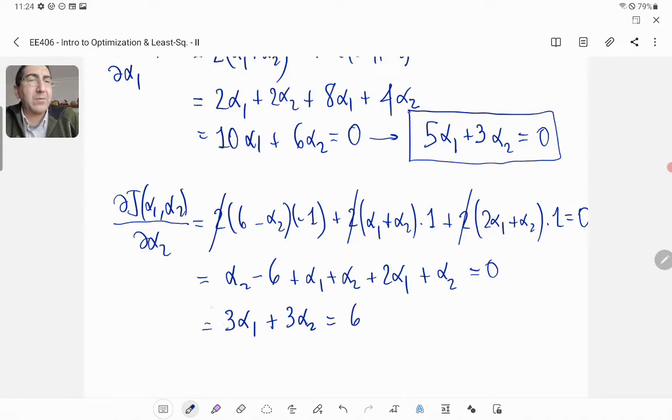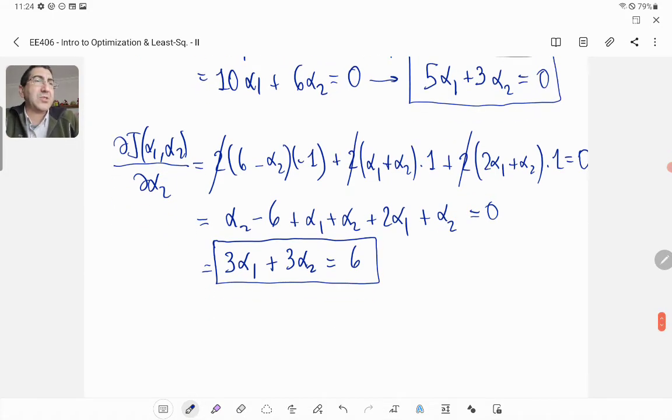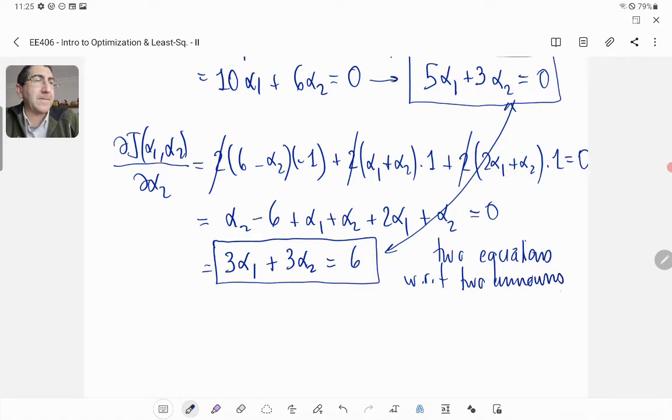Now I will leave this. I can obviously simplify this, but I'm going to leave it like that. So 2 equations, 2 unknowns can be solved.